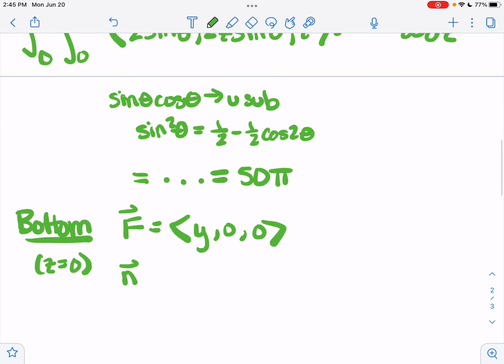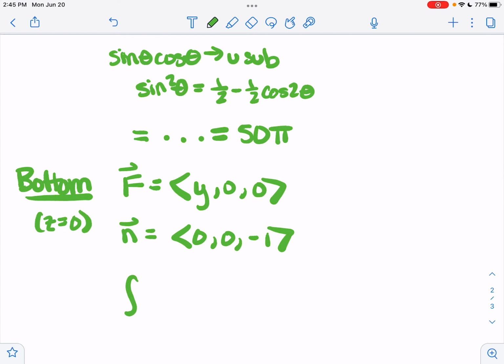The normal out the bottom is 0 comma 0 comma minus 1. So the dot product F dot n dS is going to end up giving us 0. So there's no flux out the bottom, and that's just a function of what the vector field is. The thing that we're integrating happens to be 0 down there.